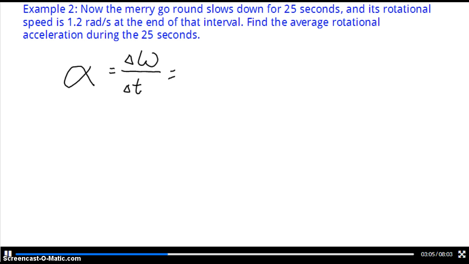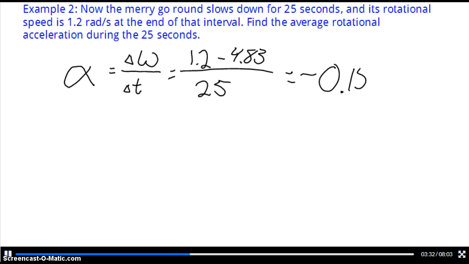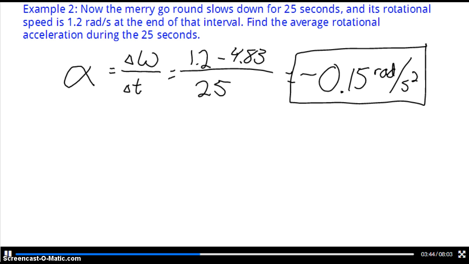So we know our final velocity is 1.2 radians per second, so we have 1.2 minus the initial from the previous problem, which was 4.83, over our time interval, which was 25 seconds, and with some basic arithmetic we get negative 0.15 radians per second squared. So once again, a very simple problem dealing with rotational acceleration.